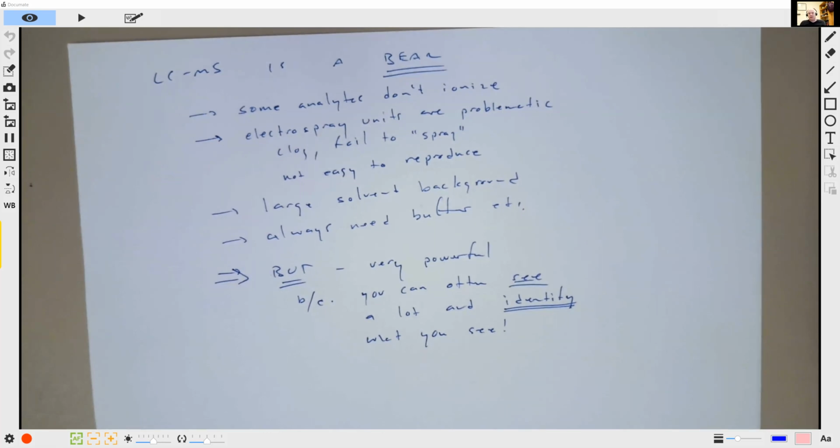So let's have a pharmaceutical Gedanken experiment here, right? You're working in a pharmaceutical place, and the organic chemists have produced a product, right? And they give it to you as an analytical chemist, right?